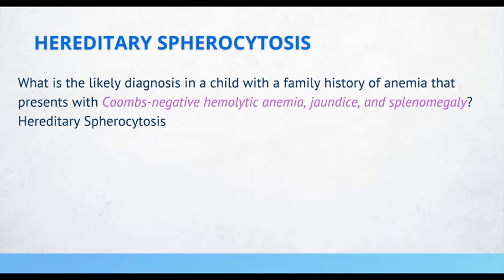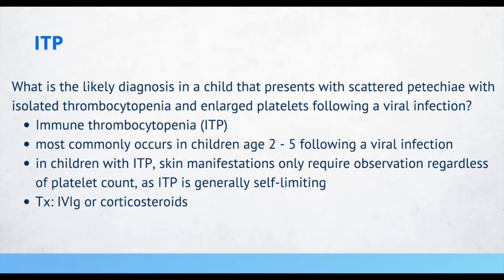What is the likely diagnosis in a child that presents with scattered petechiae, with isolated thrombocytopenia, and enlarged platelets following a viral infection? Immune thrombocytopenia. If you see a clinical vignette where a child had a viral infection recently, and now they have this isolated thrombocytopenia, think about ITP.